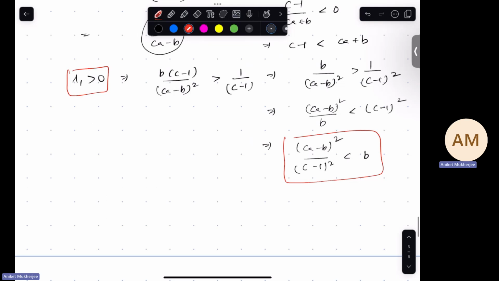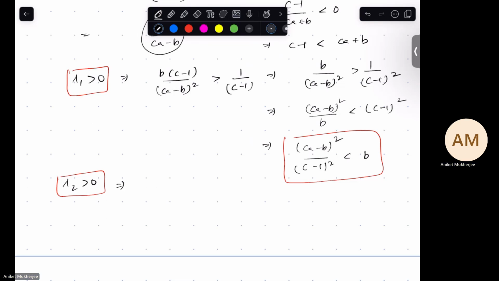Next is lambda 2 greater than 0. So lambda 2 greater than 0, we have C by C minus 1 greater than CA into C minus 1 by CA minus B whole square.